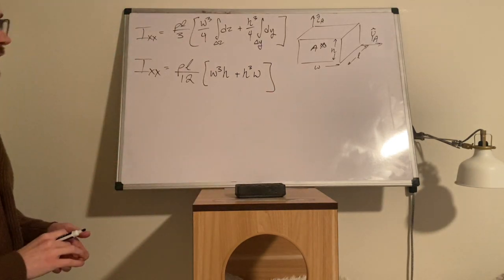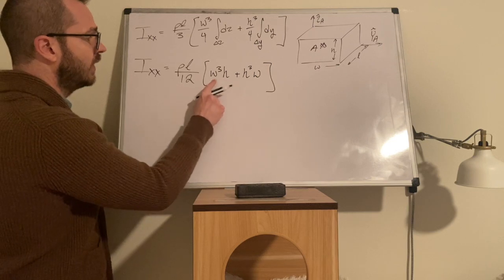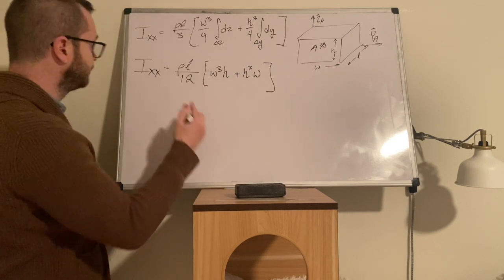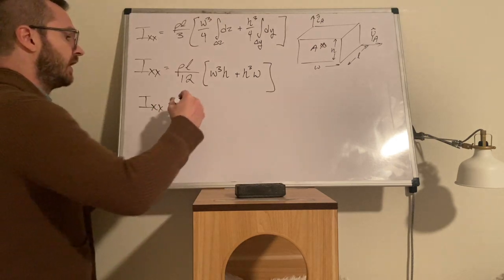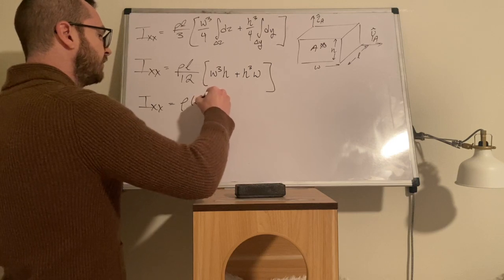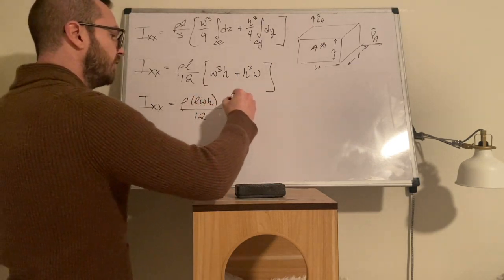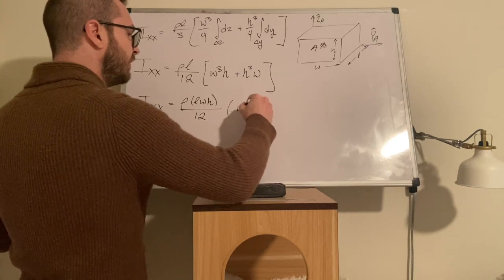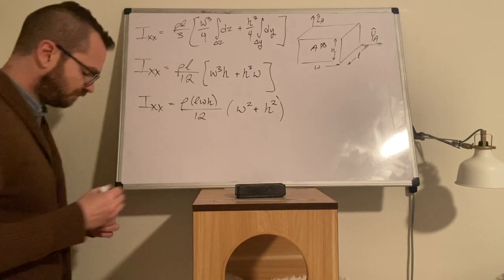Now, at this point, consider we can factor out of each of these terms one w and one h. So Ixx equals, I'm going to write density times length times width times height over 12, and then what we're left with is w squared plus h squared.